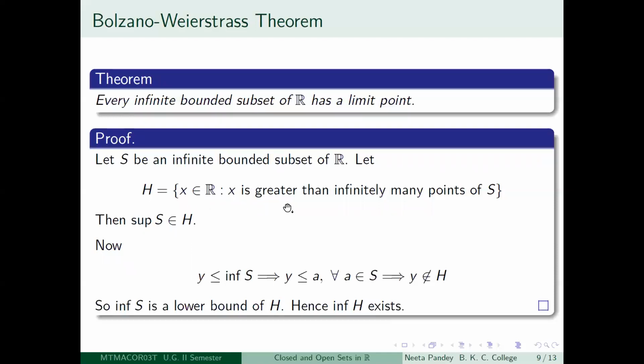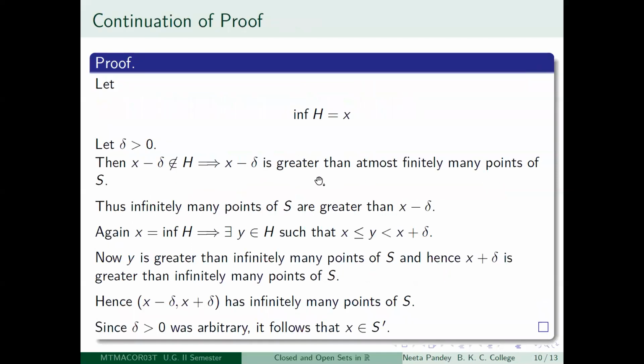It consists of all those real numbers which are greater than infinitely many points of S. So if some number does not belong to H, then it cannot be greater than infinitely many points of S. So that means it can be greater than at most finitely many points of S, right? Since it cannot be greater than infinitely many points of S, x minus delta has to be greater than at most finitely many points of S. So in the picture, on the left hand side of x minus delta, you will have at most finitely many points of S. Very good.